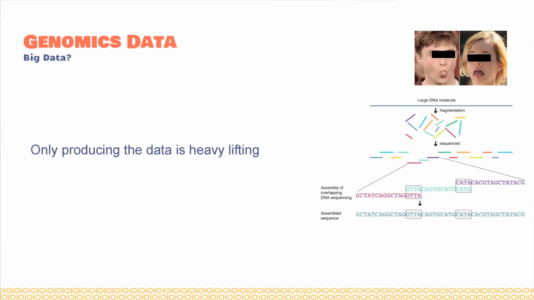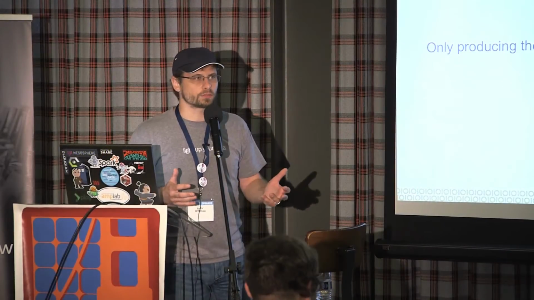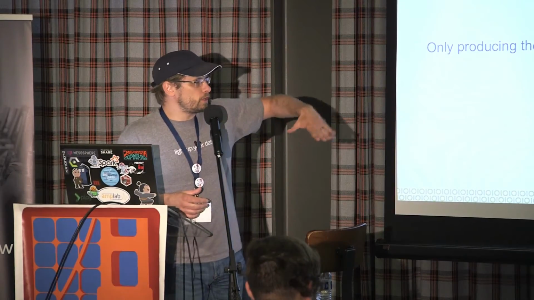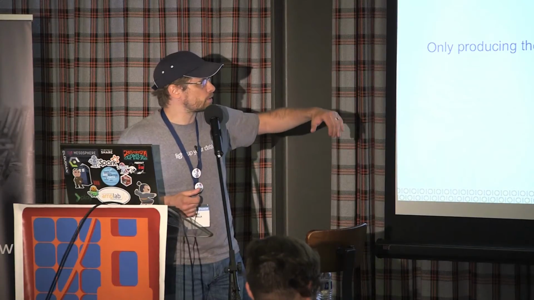And the thing is that only producing the dataset is by itself very important. It's very resource consuming, right? As I said, we do 30 to 60, we hope, takes on the sequence.